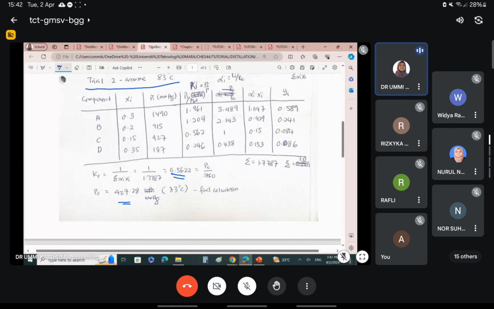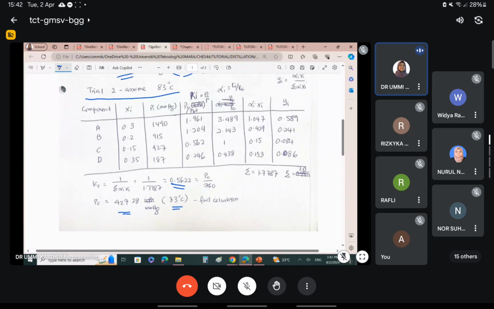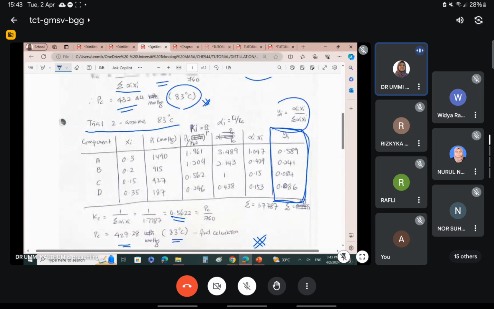So 427 ni lebih kurang 83 degree. So 83 degree sama tak dengan apa yang assume tadi tu? So sama. So this is the final calculation. Okay, the final calculation cari the value of yi. Okay, yi sama dengan alpha i xi divided by summation of alpha i xi.